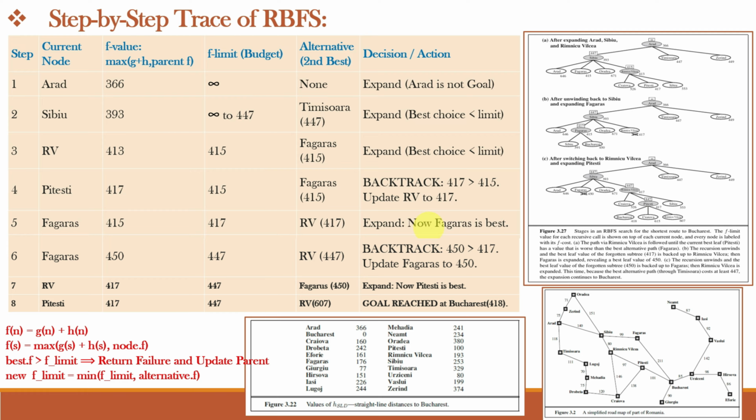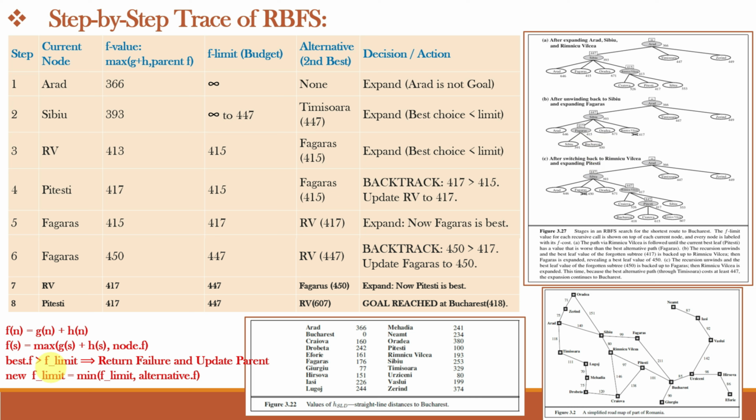Now we check whether Fagaras is our goal node. No. So we go ahead and expand Fagaras because Fagaras now is the best. So from Fagaras we can go to CBU or Bucharest, and we calculate the F value for CBU and Bucharest using this formula. Now what is best.f now? So best of these two currently is Bucharest, that is 450.